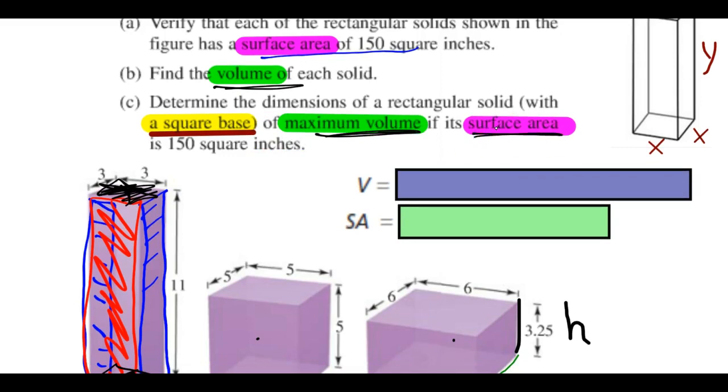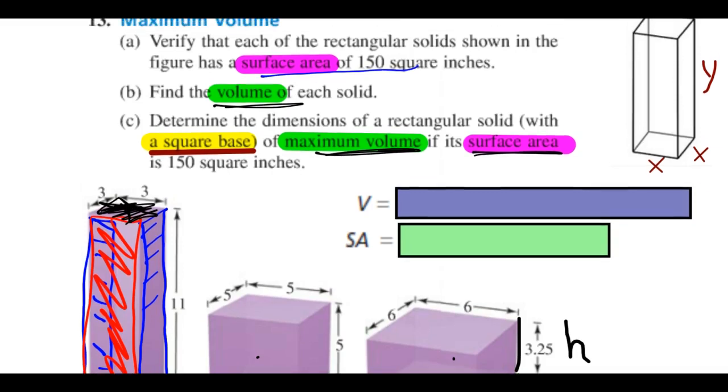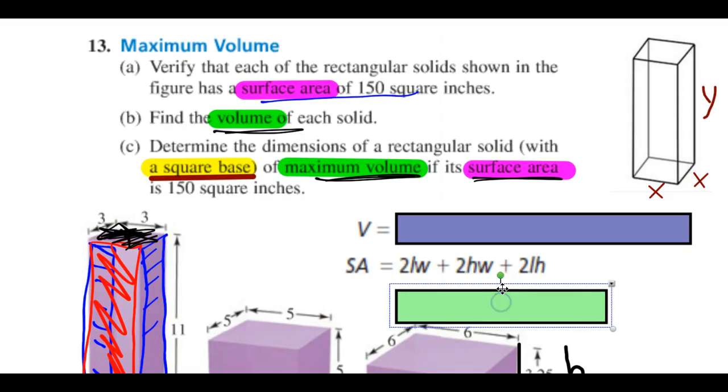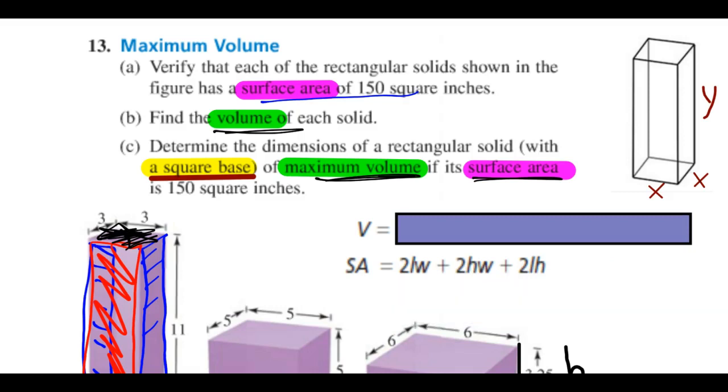So if we have just a general object and we want to maximize its volume, again, I think we just talked about the surface area formula. I am not a big fan of that formula, although it probably works. I would probably stick with our 2x squared plus 4xy equals 150.